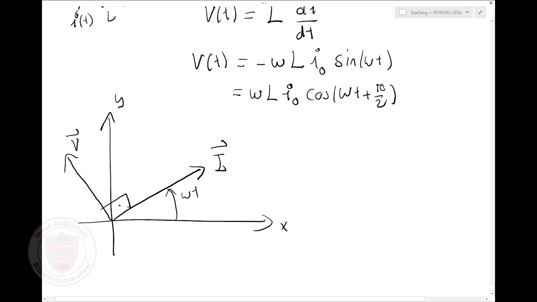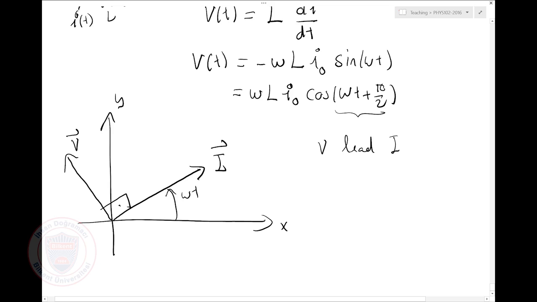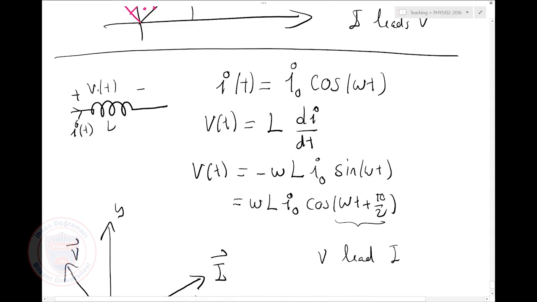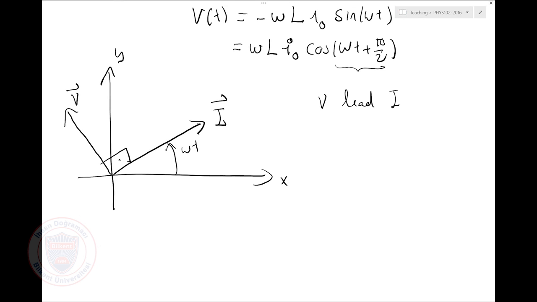The voltage vector is in front by pi over 2. Why? Cosine omega t plus pi over 2 is the voltage here. Okay. So V leads I here, and here I leads V.